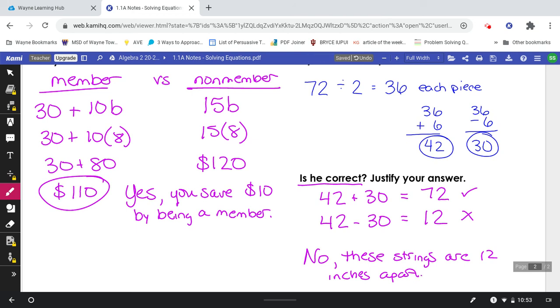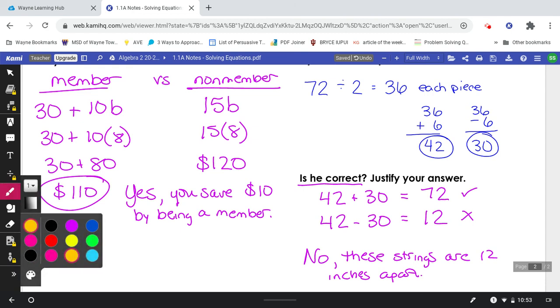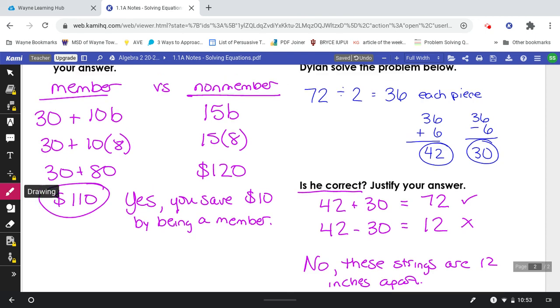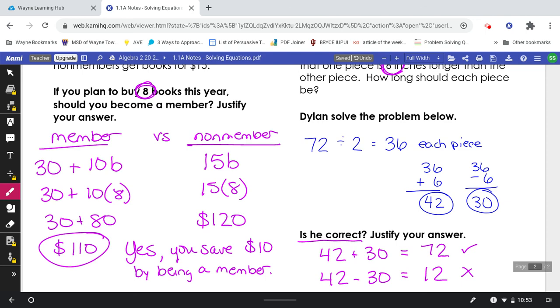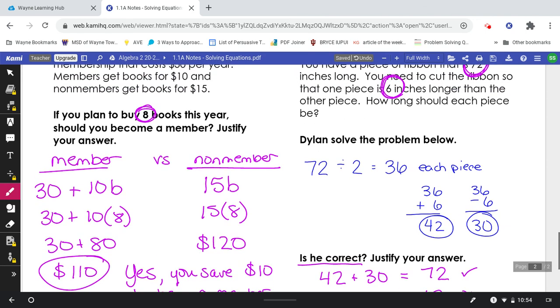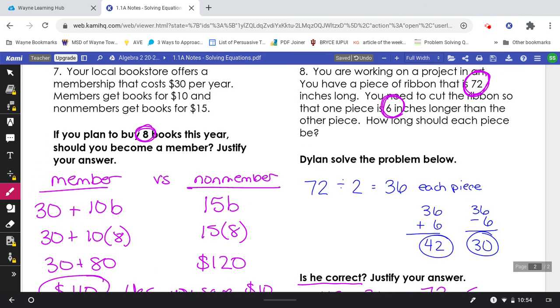It doesn't actually ask you to find the correct answer, but if you want to, you can try to figure out what Dylan did wrong. The 36 part was pretty good, but it has to do something with what he did on this next piece when he added 6 and subtracted 6. When he added 6 and subtracted 6, the numbers became 12 inches apart.